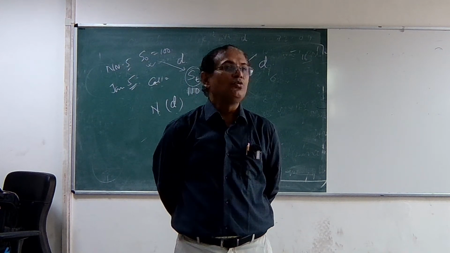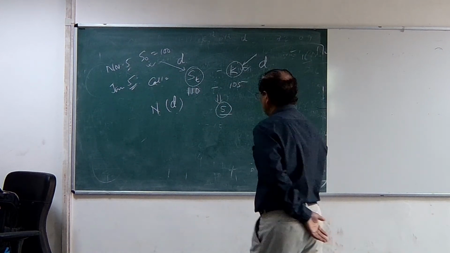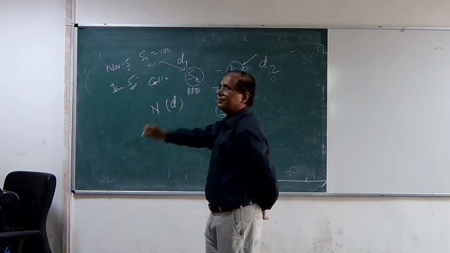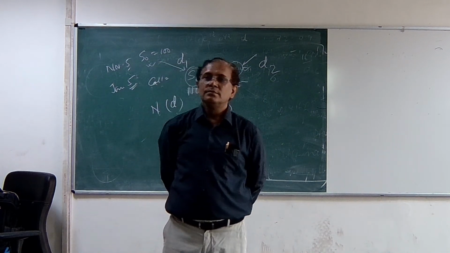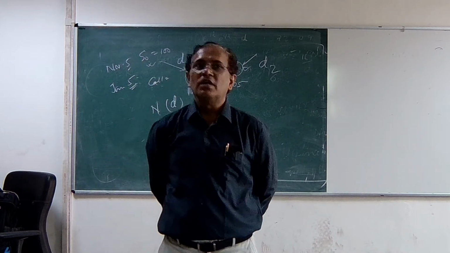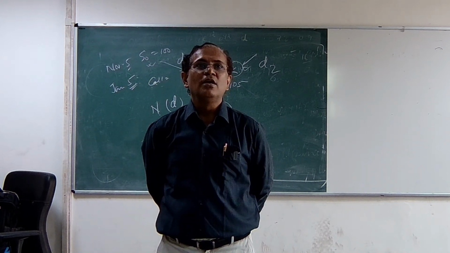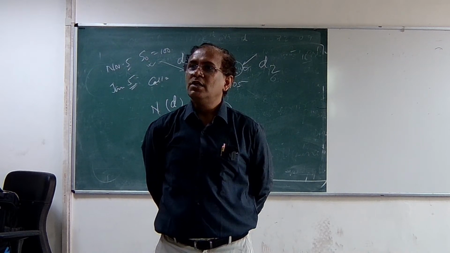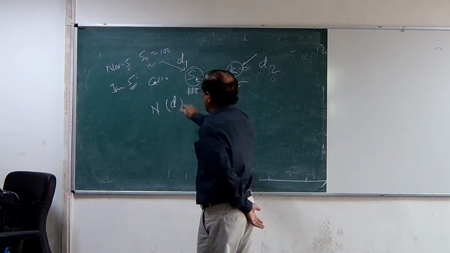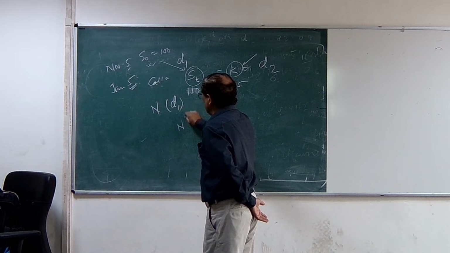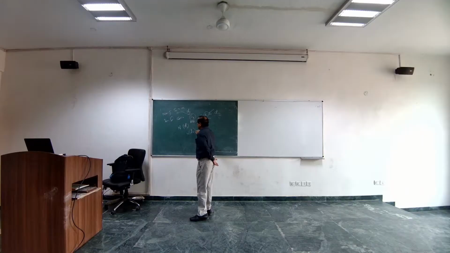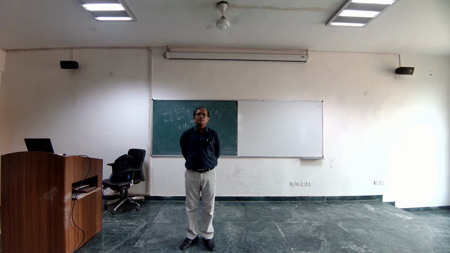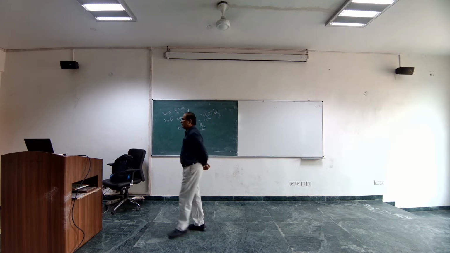So can we mark them D1 and D2? Now D1 is for spot deviations and D2 is for options deviations. And we will normalize both, so we will be normalizing ND1 and ND2.